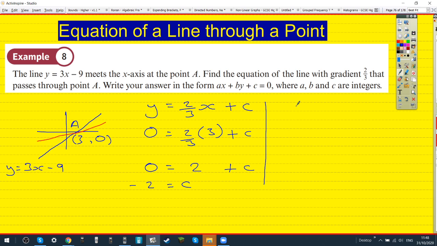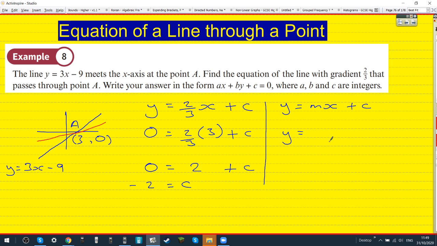And then do we sub in everything? Yep. So did we work out a? Y equals mx plus c. And then you substitute numbers in. Yep.